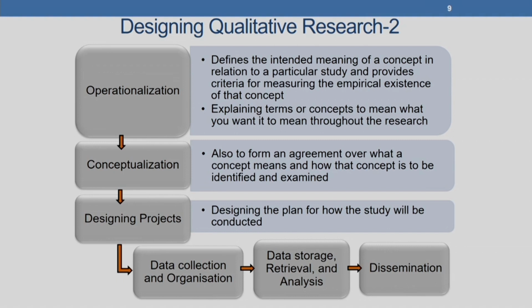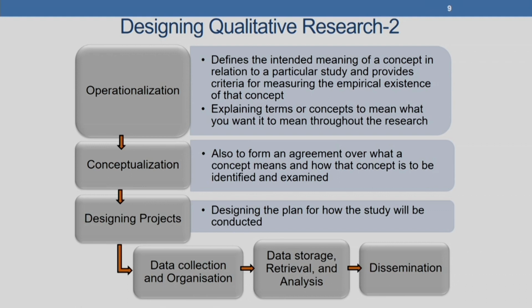So, this basically contains the following. It defines the intended meaning of a concept in relation to a particular study and provides criteria for measuring the empirical existence of that concept. Similarly, for complementary feeding practice, we can look at the meaning of this concept in relation to a particular study.